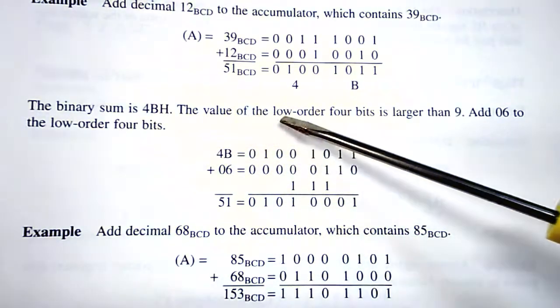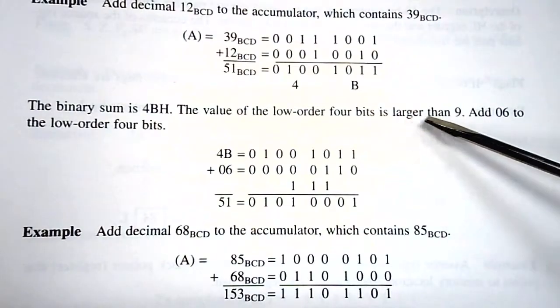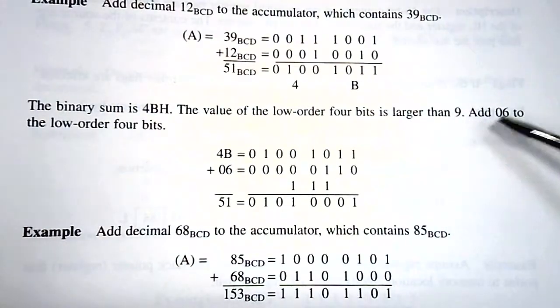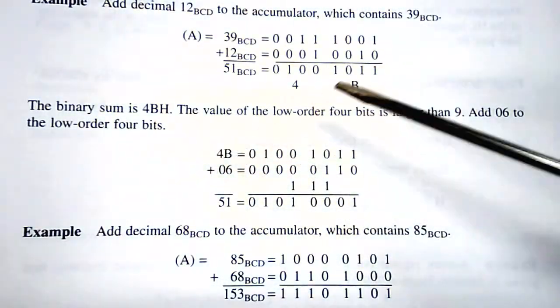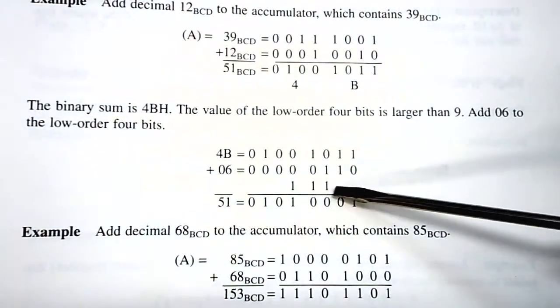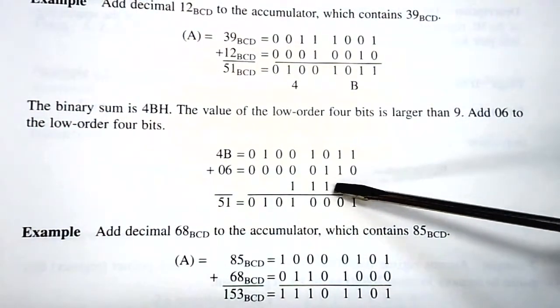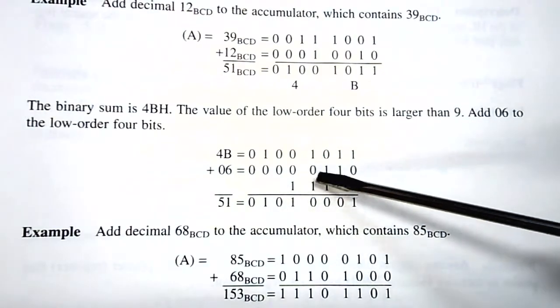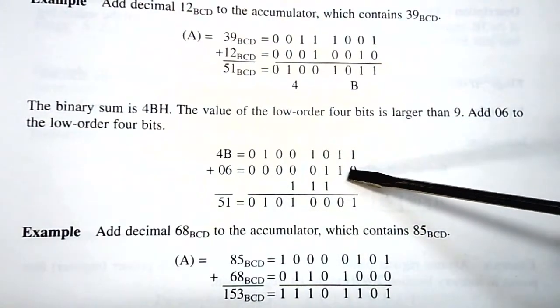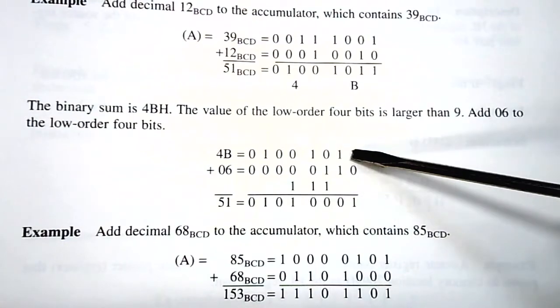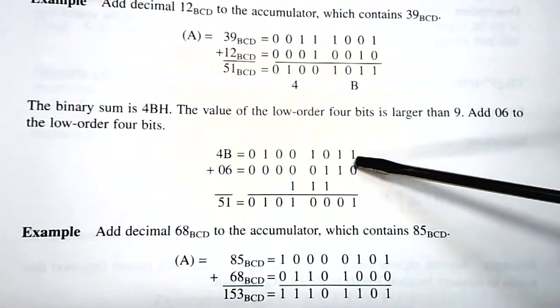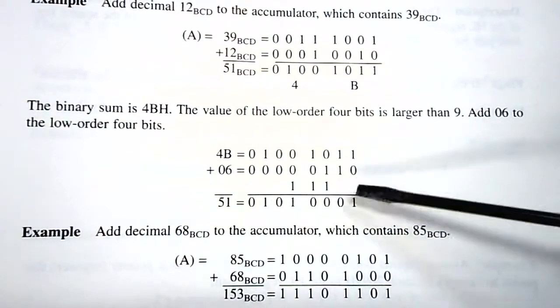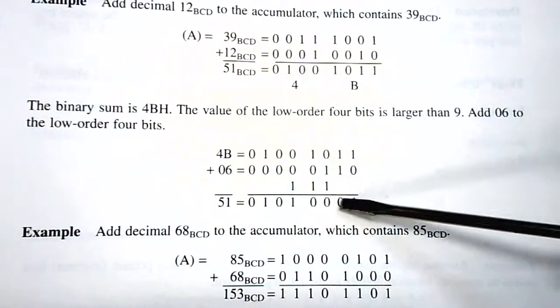The value of the low order 4 bits is larger than 9, so we add 6 to the low order 4 bits. So 6 is 00000110. So we're going to add that to the 4B. So 0 plus 1 is 1. 1 plus 1 is 0.